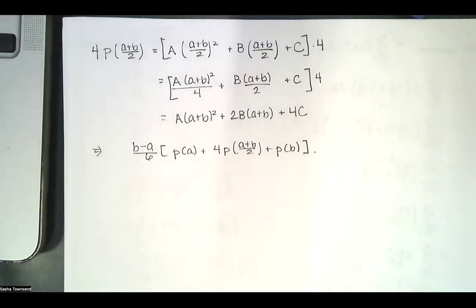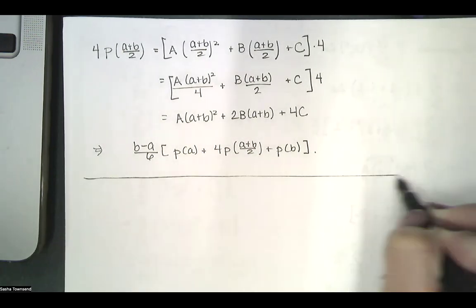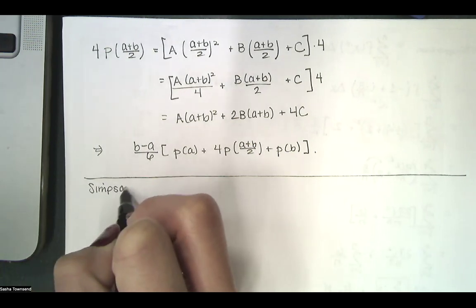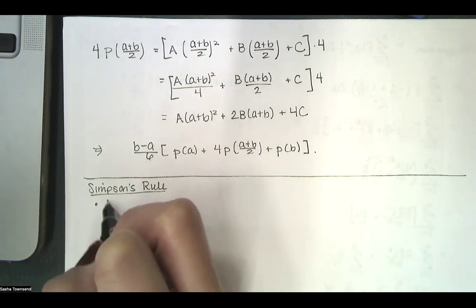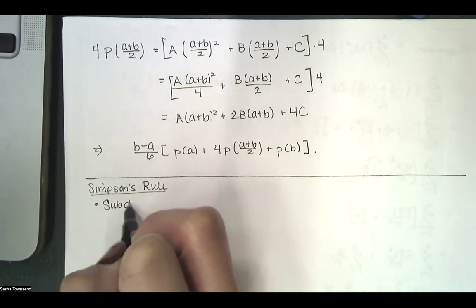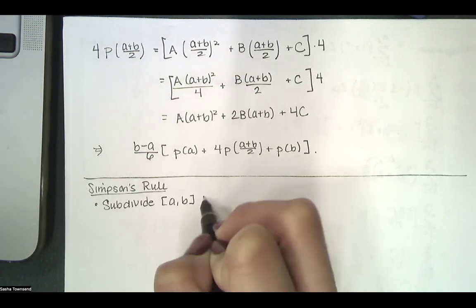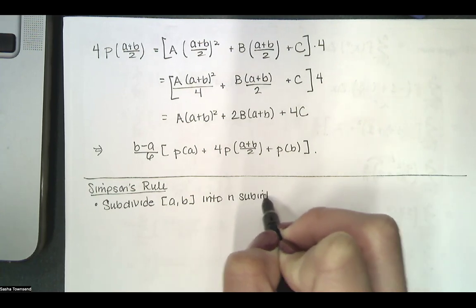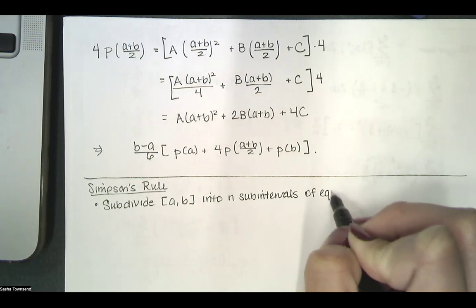Now for Simpson's rule, we say, okay, this is what we're going to do. We want to subdivide our interval into n subintervals of equal width.